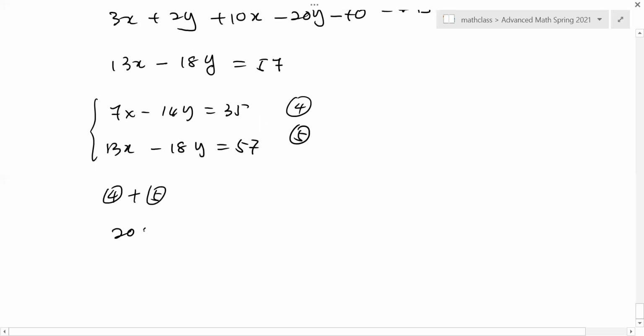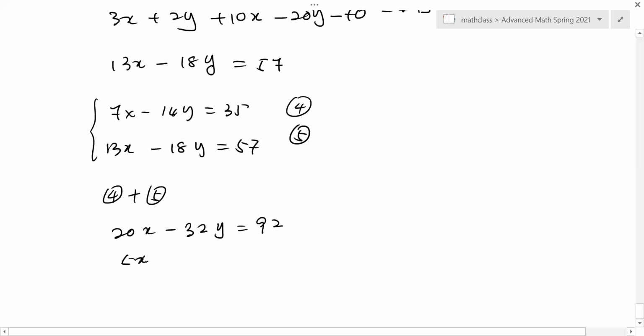So I get 20x, and this will be 32y, and here add them together, 35 plus 57. 35 plus 57 is 92, okay? So both are divisible by 4, yes, divisible by 4.